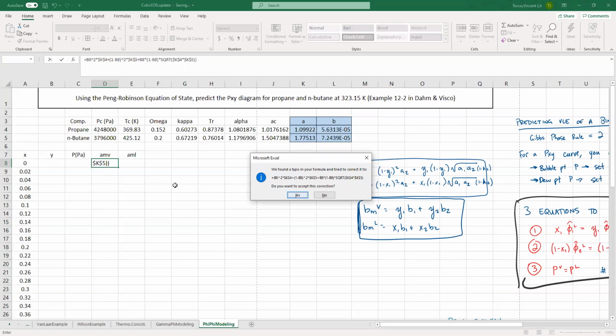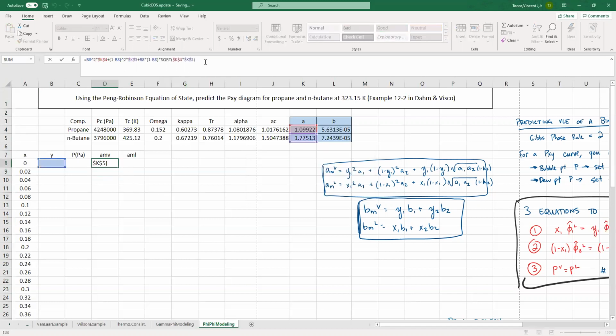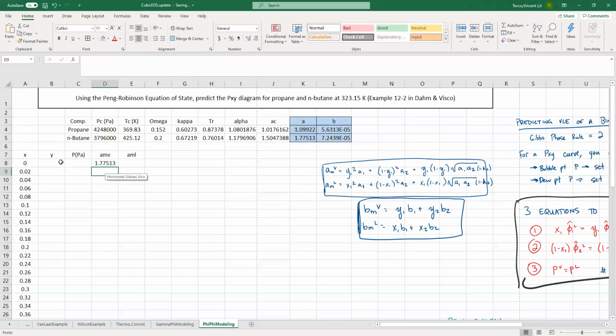Typo in the formula, that is never a good sign. Let me see. Oh wait, did I only have to close once? Yeah, I only had to close once because these things are all being multiplied together. All right, that should be okay for AM of the vapor phase.